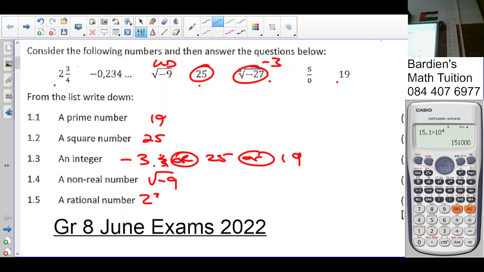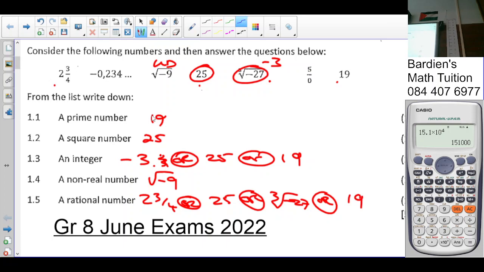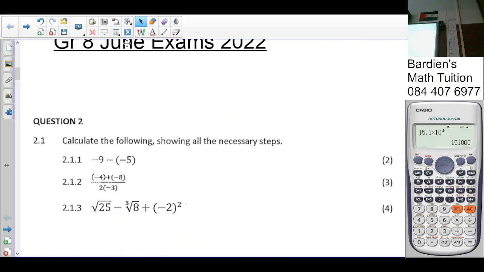Rational can be 2 and 3/4 or 25 or the cube root of -27 or 90. It's actually from the list. So here I can't say -3, I'm supposed to say the cube root of -27. Okay. Because it says specifically from the list. Are you all okay with that? Alright. So let's go on to the next part.